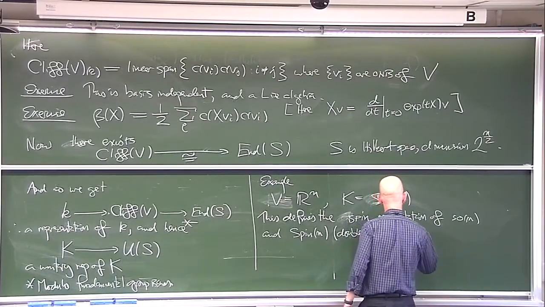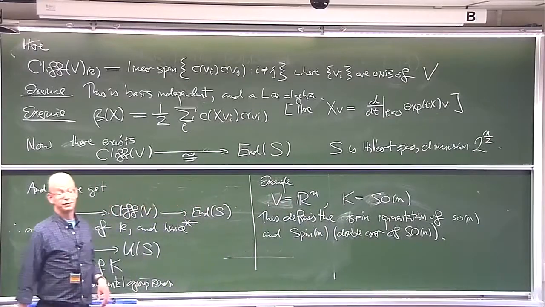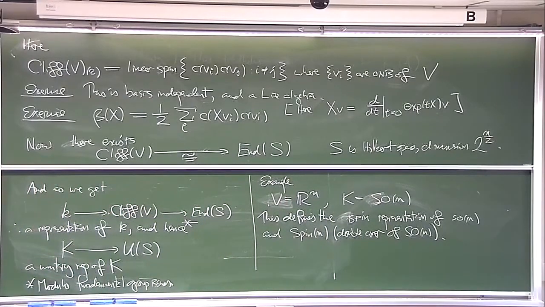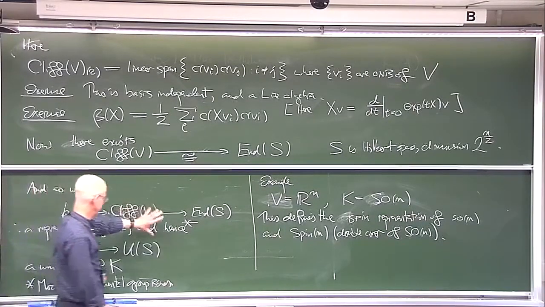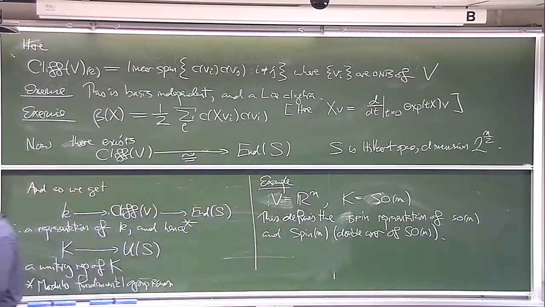So the spin representation, as I've defined it here, is not irreducible. It's a direct sum of two irreducible representations in the case where n is even, which is what we're assuming. So you have two spin representations, a positive spin representation and a negative spin representation. Okay, and here you have the more general. So a little bit of Lie theory.